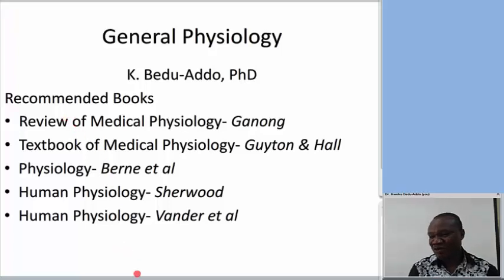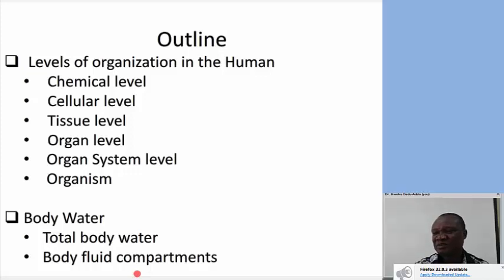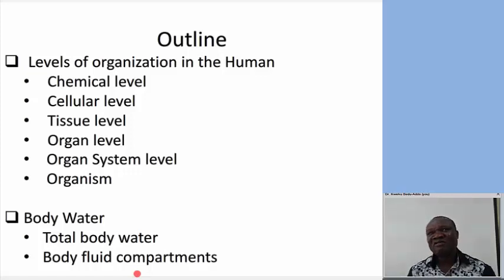Now, I'll give you the outline of the course. We'll be looking at the levels of organization of the human being. So we'll be looking at the various levels, which are the chemical level, cellular level, tissue level, organ system level, and the organism. Then we'll be looking at body water.